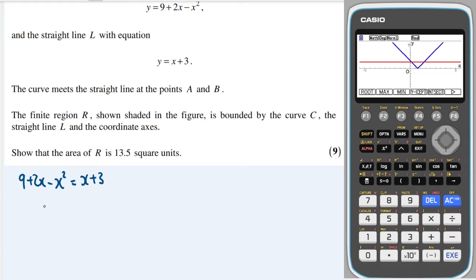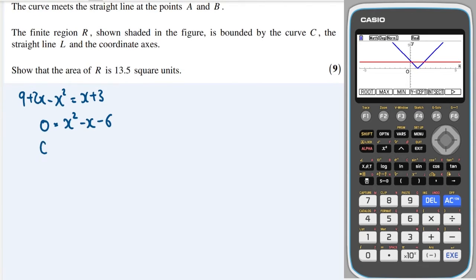Let's move everything over to the right hand side. This is going to give us a positive x squared. We're going to get minus x, and we're going to get minus 6. And this will give me x minus 3, x plus 2. So I'll have x is equal to 3 and x is equal to minus 2.